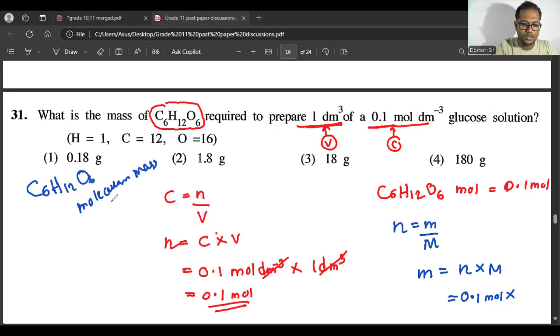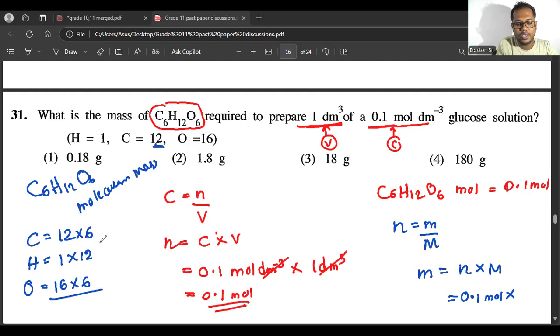Carbon is 12, and here there are 6 carbons. Hydrogen, one hydrogen is 1, and we multiply by 12 because we have 12 hydrogens. And oxygen, one oxygen is 16, and we multiply by 6.